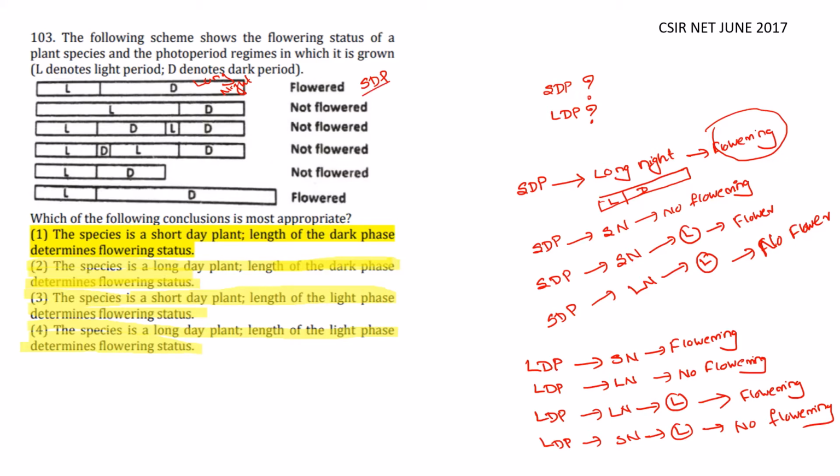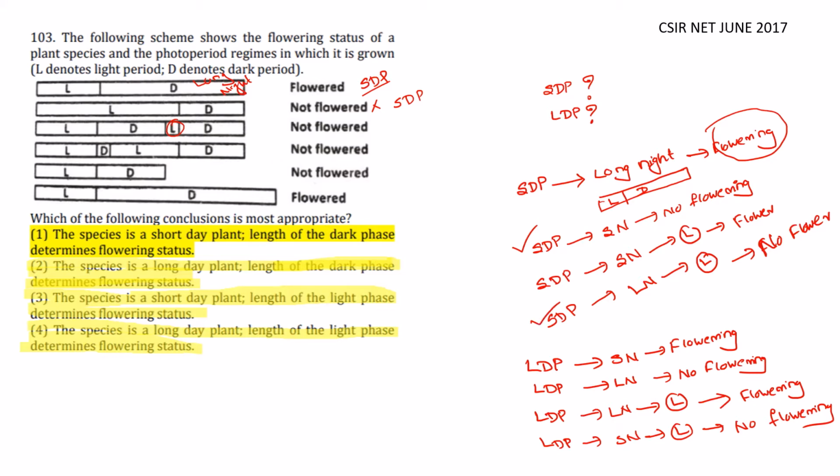Here long day, short night. There is no flowering. So we can say that it is a short day plant, because short night means there is no flowering in a short day plant. Next, there is a night break in between this long night.